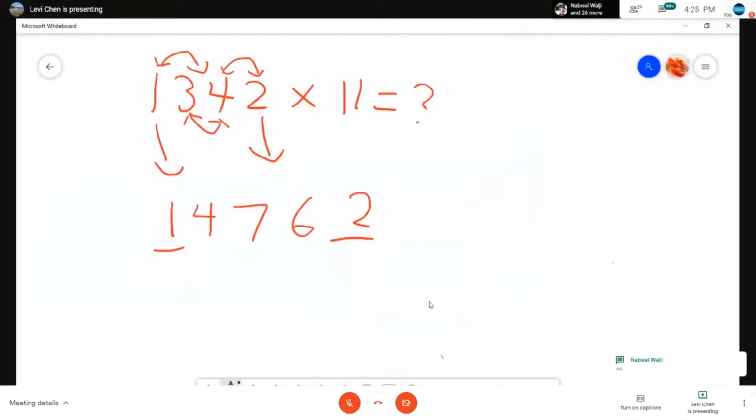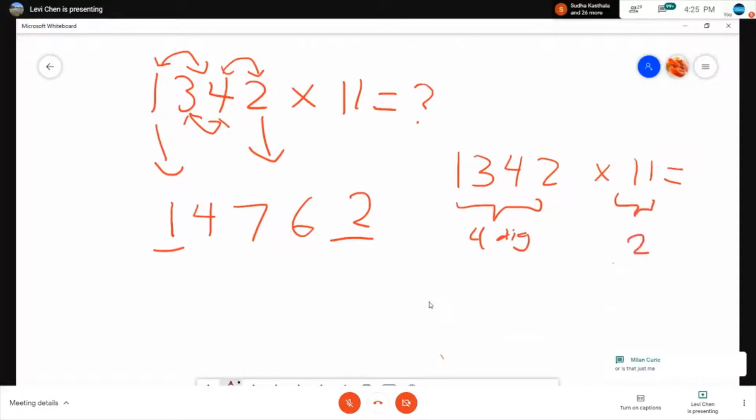Another way to make sure you got it right: 1,342 times 11. This is 4 digits, and this is 2 digits. When you add the digits together, you count how many digits in total.